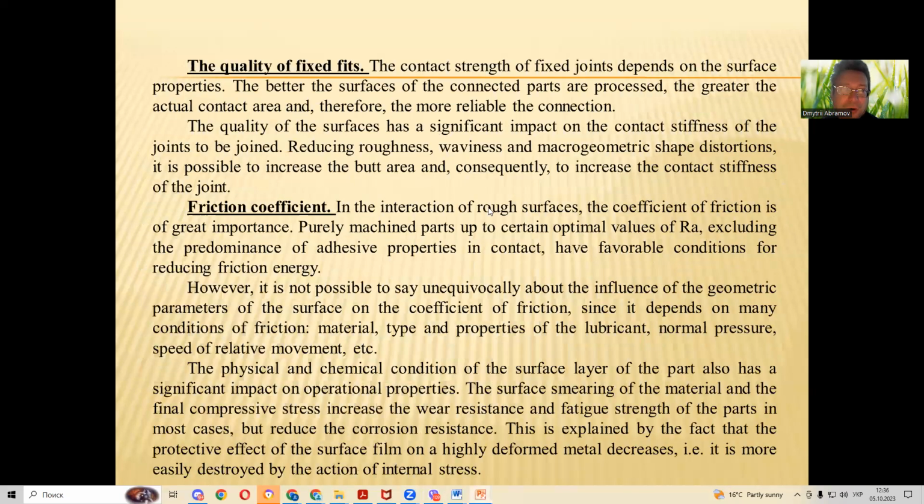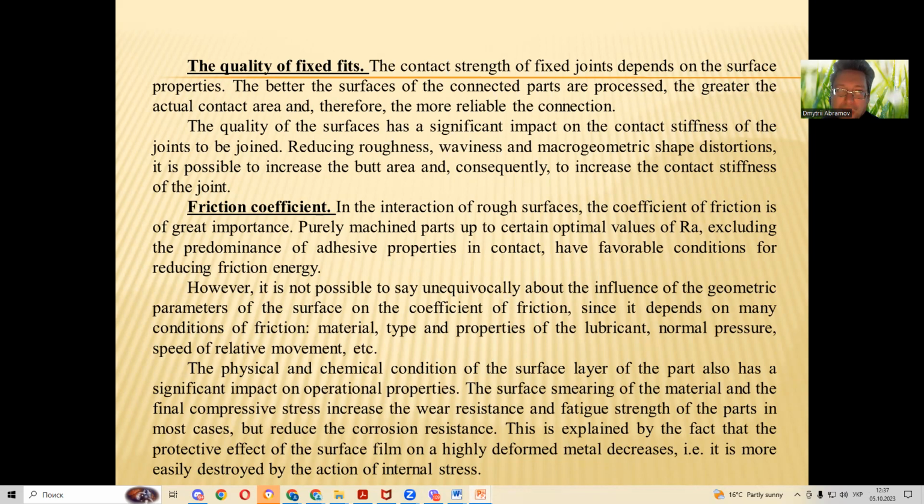The quality of fixed fits. The contact strength of fixed joints depends on the surface properties. The better the surfaces of the connected parts are processed, the greater the actual contact area, and therefore the more reliable the connection.